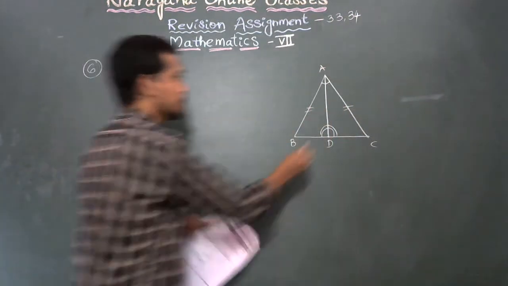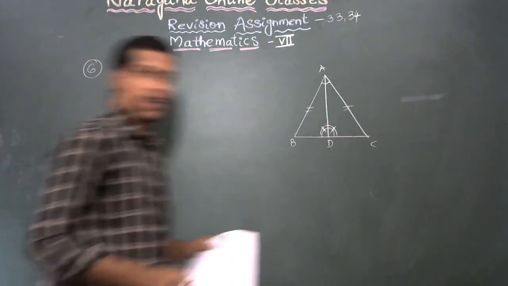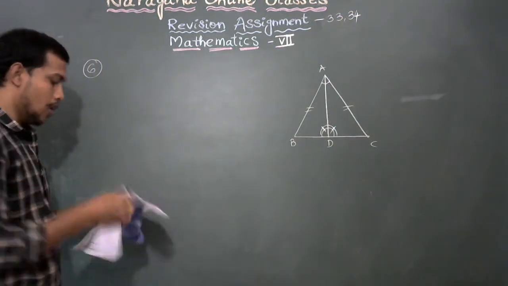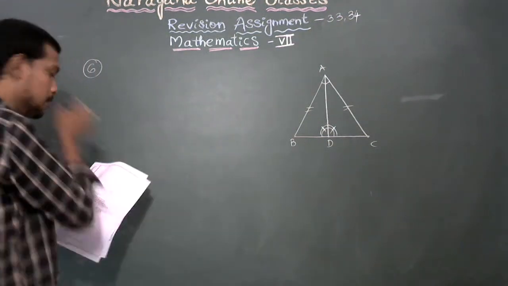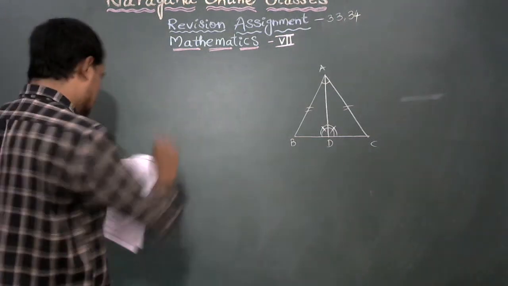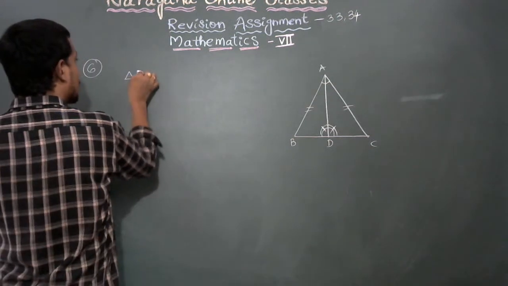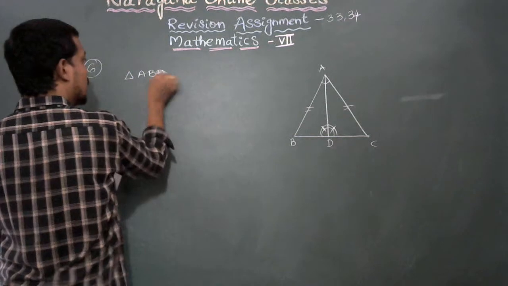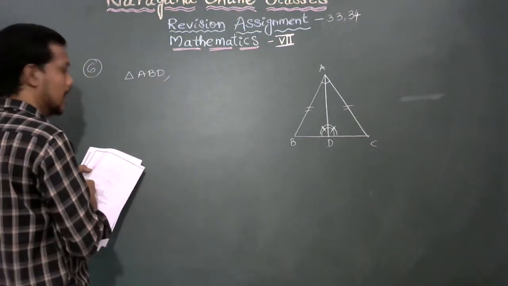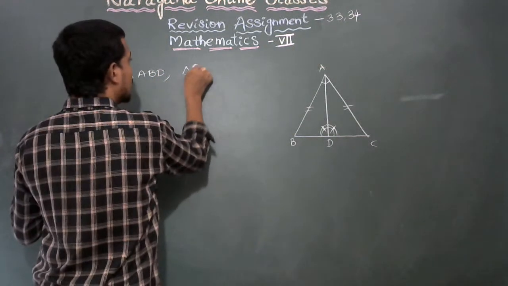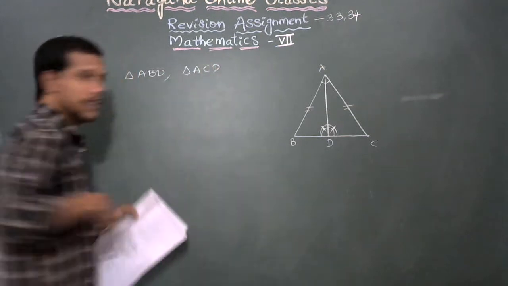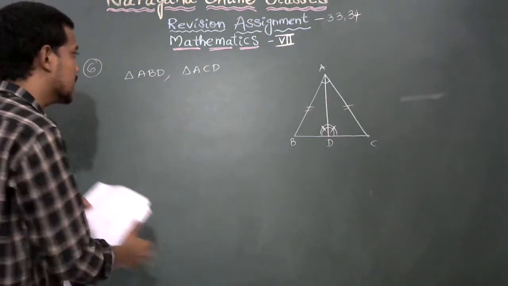So this is the question. So now, here two triangles are there. Triangle ABD, triangle ACD. So triangle ABD, triangle ACD given.